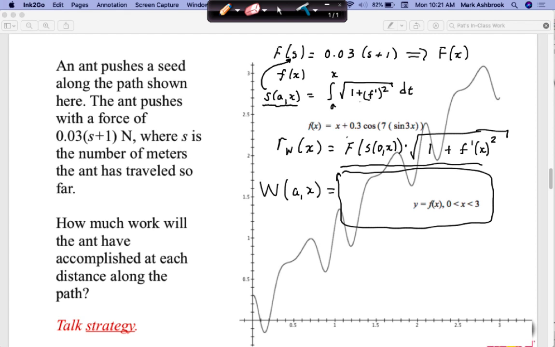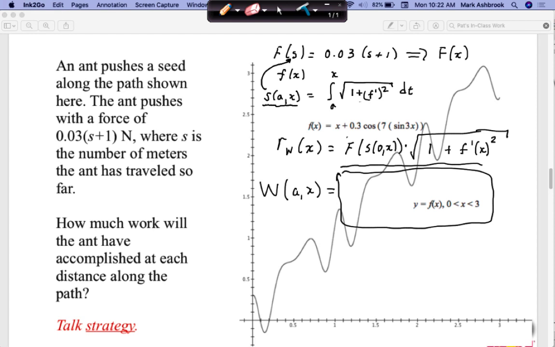And that rate function is based on an accumulation of little bits of arc length. So we're going to have a kind of nested accumulation function, like we had when we did the distance traveled last time, with velocity as the rate, and then that was an accumulation with acceleration as the rate.